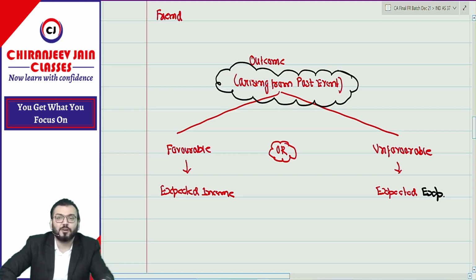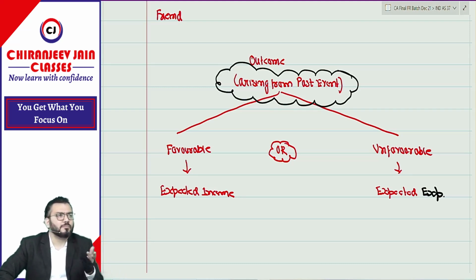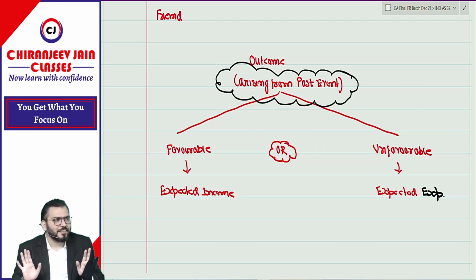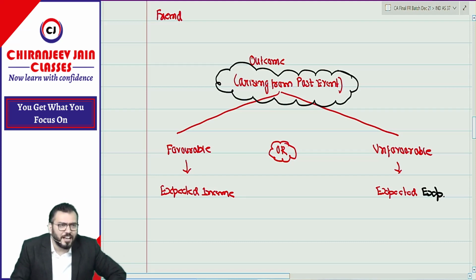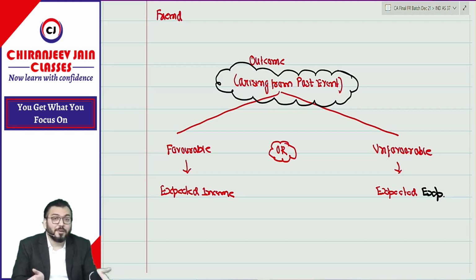In your childhood you learned the definition of conservatism, and your teacher said all expected expenses should be recognized. That definition was not correct. I should say it this way: all expected expenses arising from past events which are probable should be recognized.